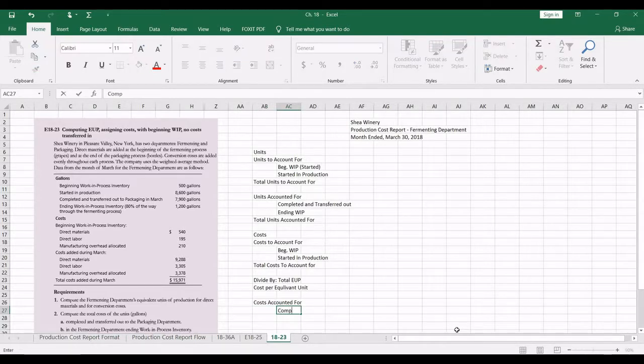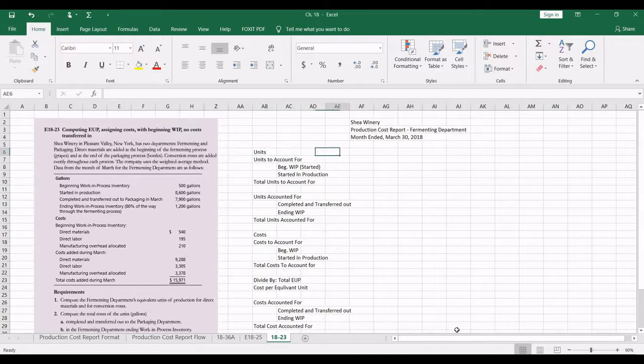Completed and transferred out, ending with, and total cost accounted for. And we have completed all of the rows for our worksheet.